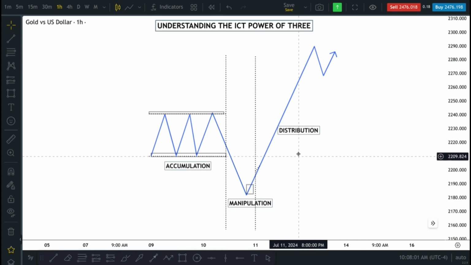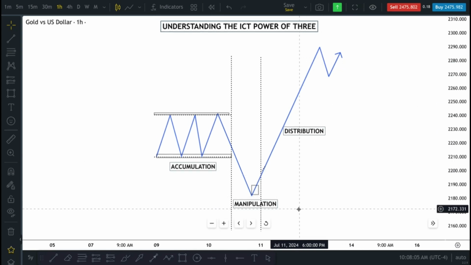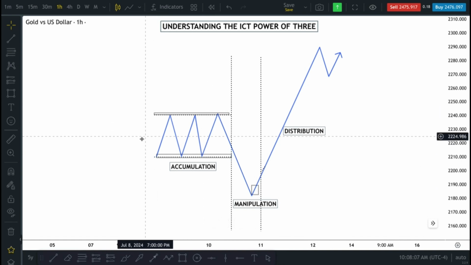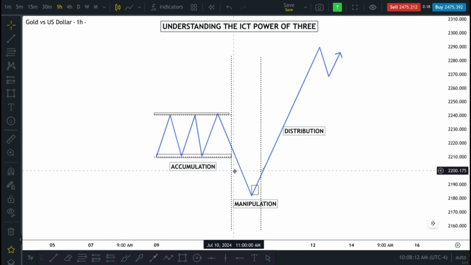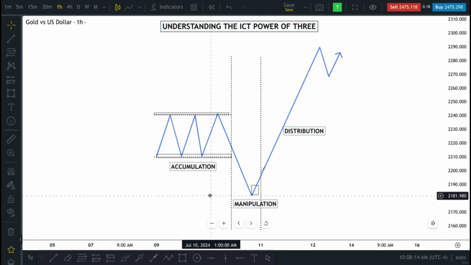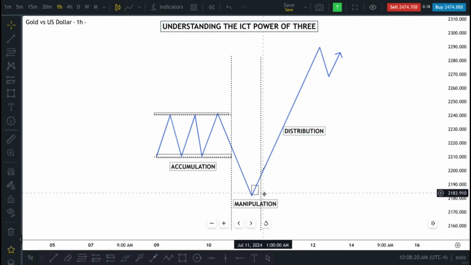All right. And in all this, you got to know that risk management is very crucial throughout all these phases right here. You need to know that you must always use your stop losses to protect your capital, and also ensure that you have a solid risk to reward ratio.